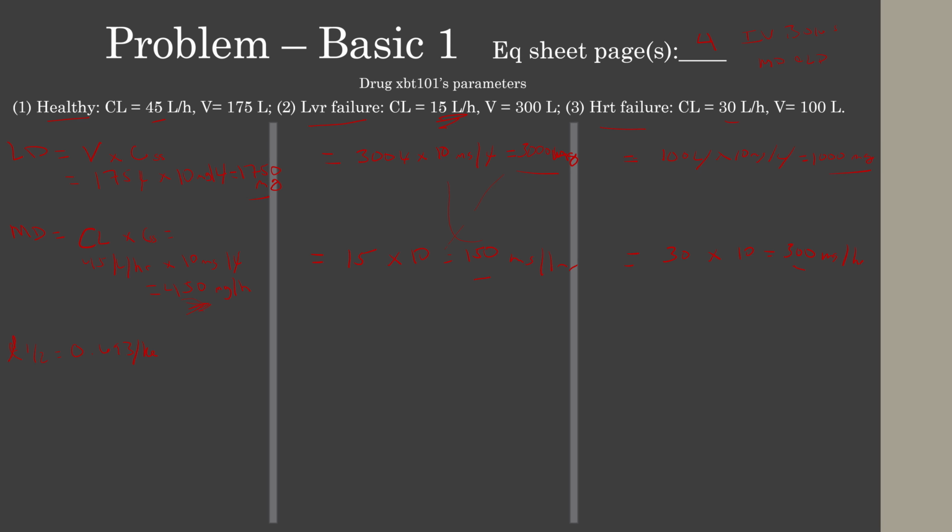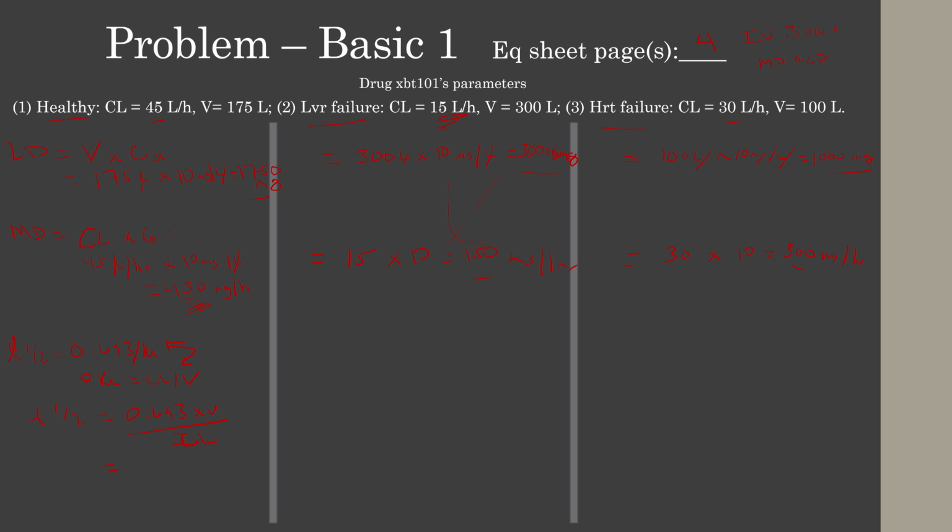But we also know from the equation sheet, if you look on that first page, that KE is equal to CL over V. So if we substitute this in, we get T1/2 is equal to 0.693 times V all over clearance.